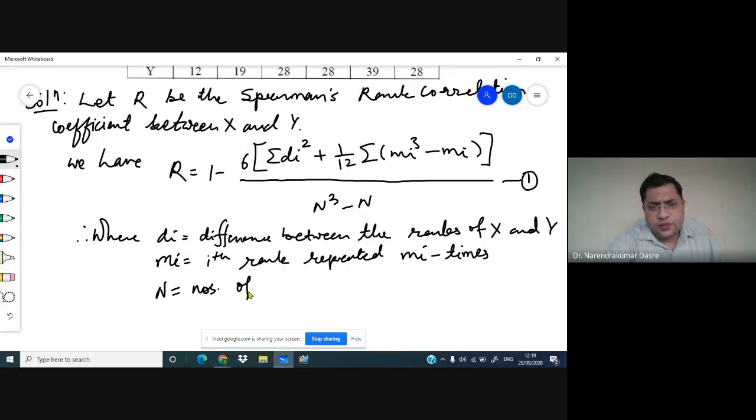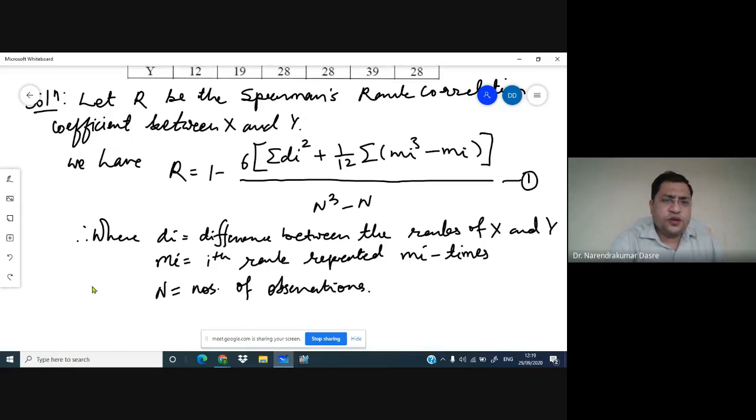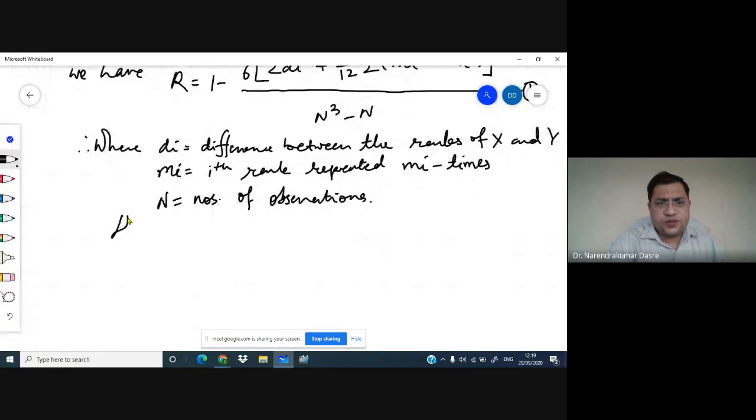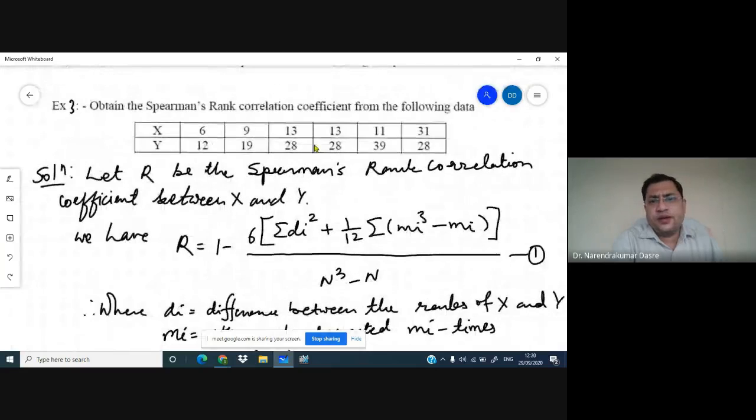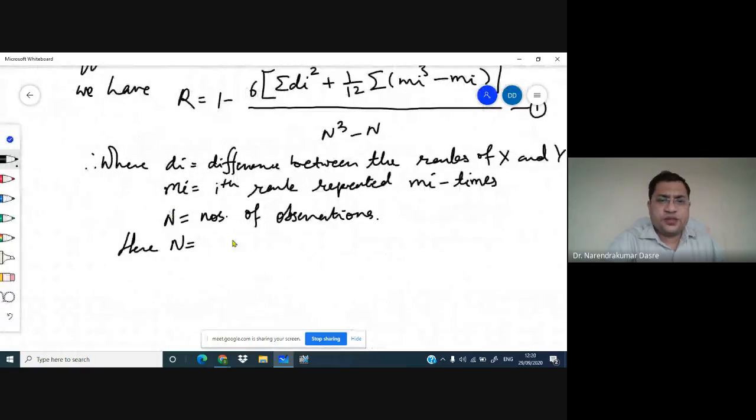So what is the value of n here? How many observations do we have? You can see we have 6 observations, so the value of n is equal to 6. Now consider the table.